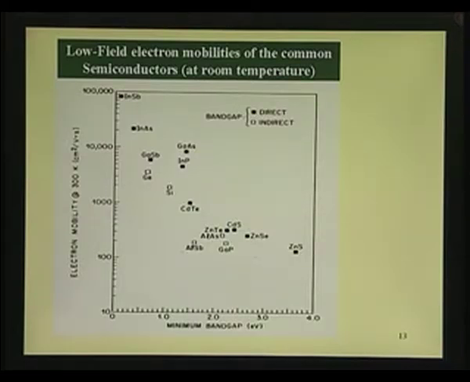Now, you see you have got the entire range of devices. On the y axis, you have the electron mobility at 300 degrees Kelvin.